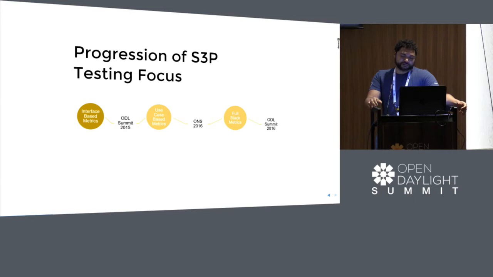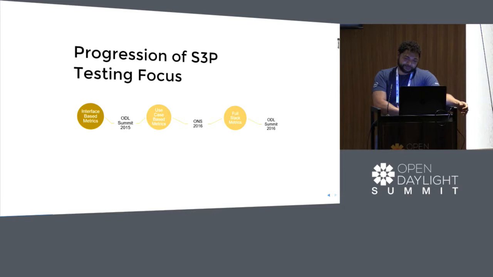The issue with focusing on interfaces or specific components is that it excludes other pieces that have large impacts on recorded S3P metrics. Next, we focused on use case-based metrics. This was a vast improvement over focusing solely on the interfaces, and it gave us our first glimpse of how ODL might perform in a real situation.